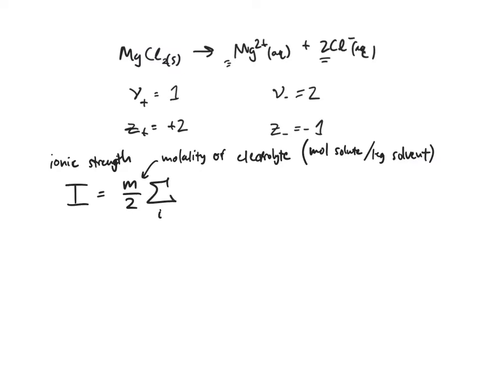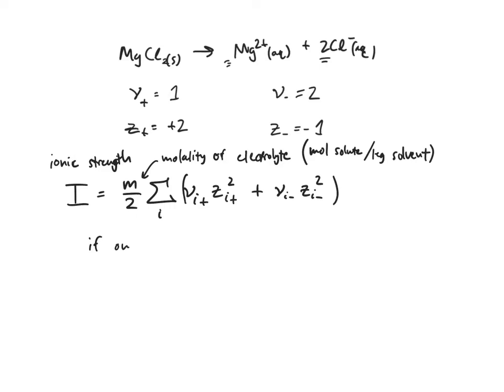Okay, and then we have a summation over all of the different electrolytes. Okay, and then the stoichiometric coefficient of the positive ion times Z of the positive ion squared plus stoichiometric coefficient of the negative ion times Z of the negative ion squared. And I can enclose all this in parentheses right there.